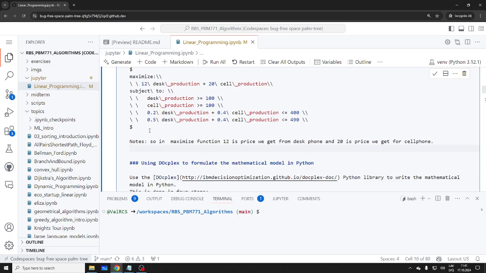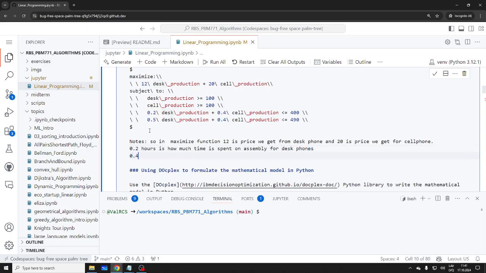So 0.2 and 0.4: 0.2 hours is how much time is spent on assembly for desk phones. 0.4 hours is for assembly of one cell phone.